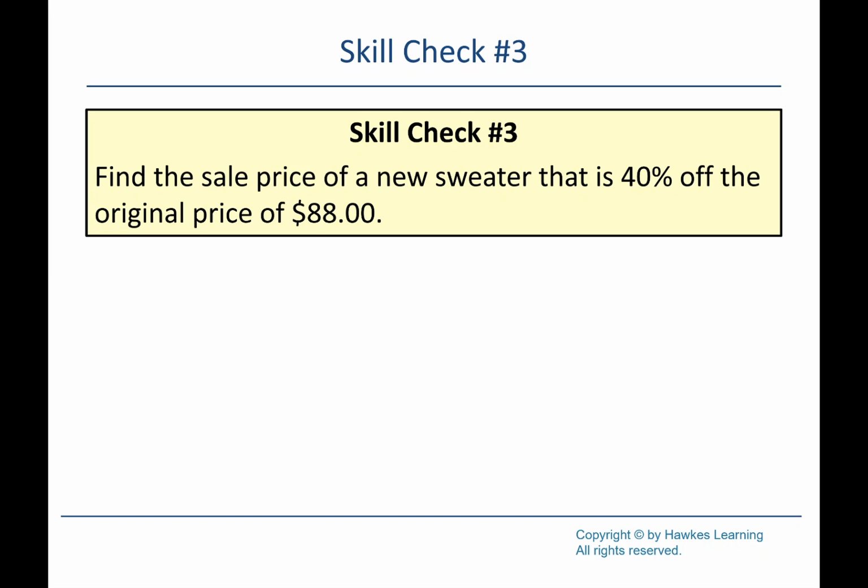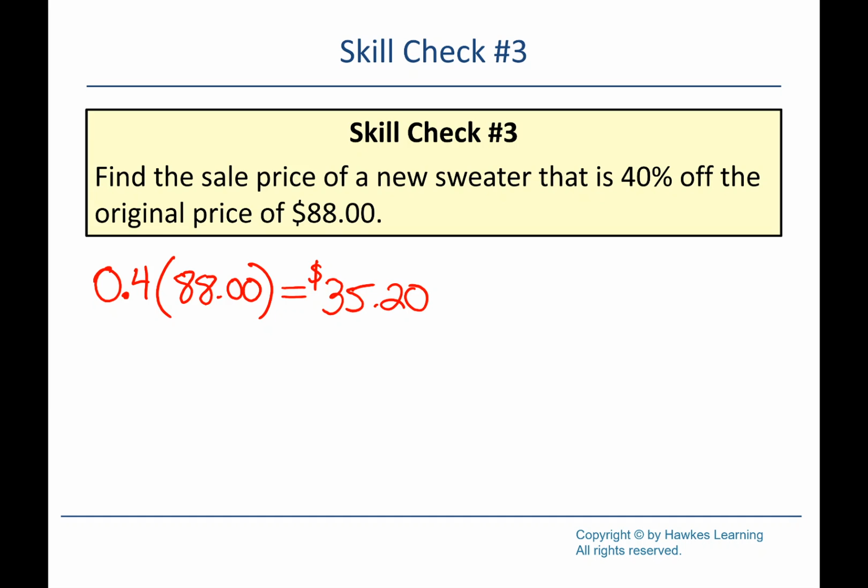Let's see how close we get if we do it with the calculator. So figure out our discount. We do 0.4, 40% as a decimal, times $88. When we get there, that would be $35.20.